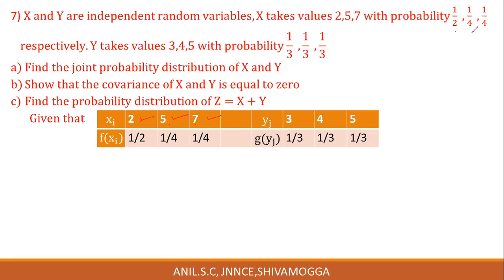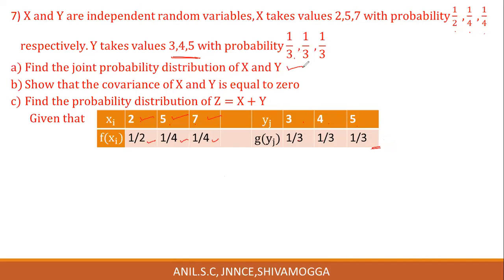Corresponding probabilities are 1/2, 1/4, 1/4. This is what we call the marginal distribution of X. Next, Y takes three values, 3, 4, and 5. Corresponding probabilities are 1/3, 1/3, 1/3. This is the marginal distribution of Y. This is the given statement.